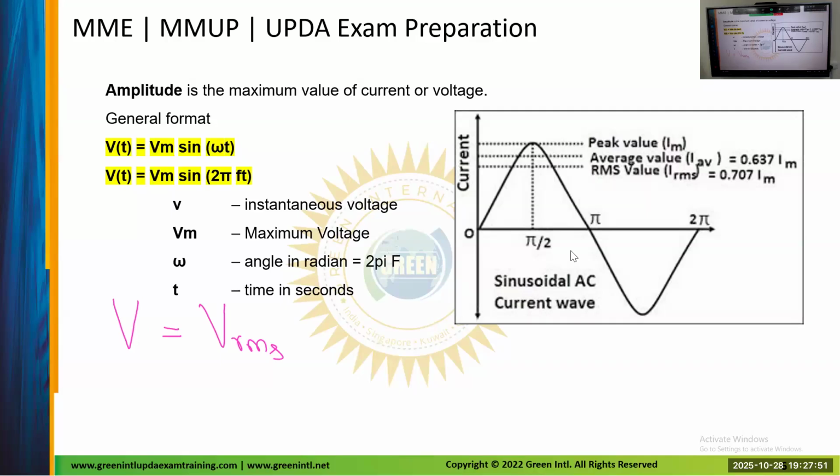V refers to the RMS voltage, so VRMS and V are both the same. The next term is VM or VP. We call it peak voltage or maximum voltage. Mostly in electrical engineering we use the word VM. In electronics, we use the word VP. But both are the same: VM, VP, peak voltage, maximum voltage.